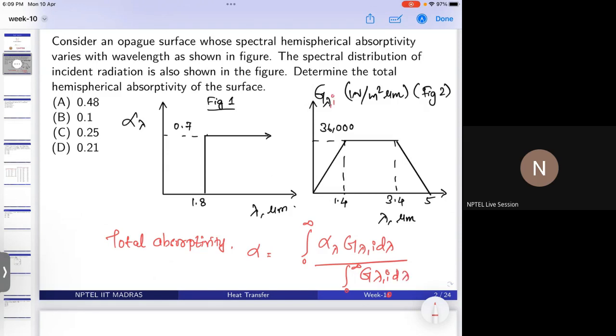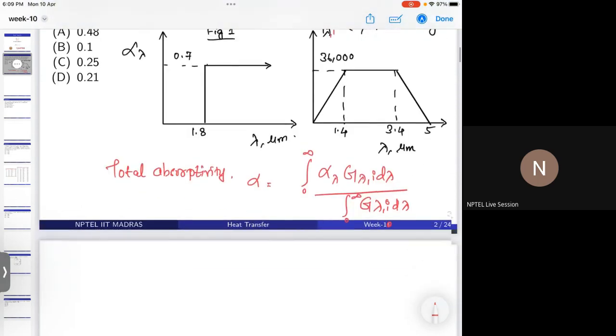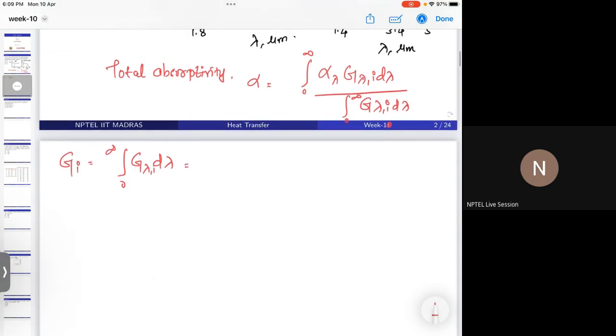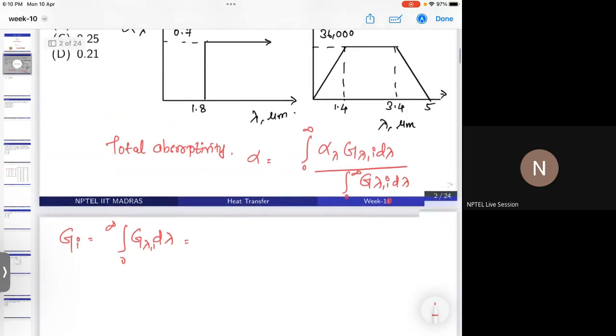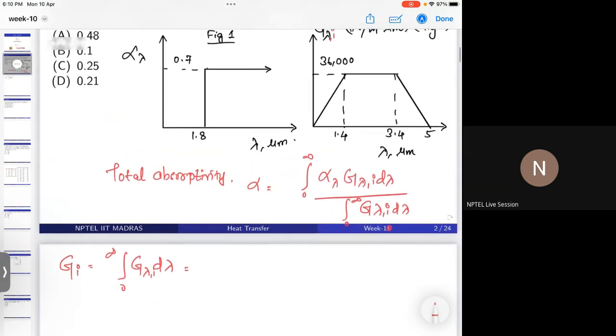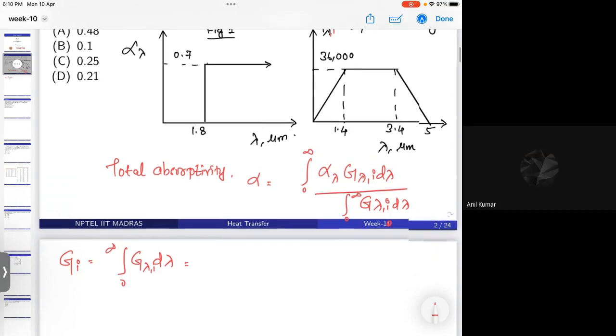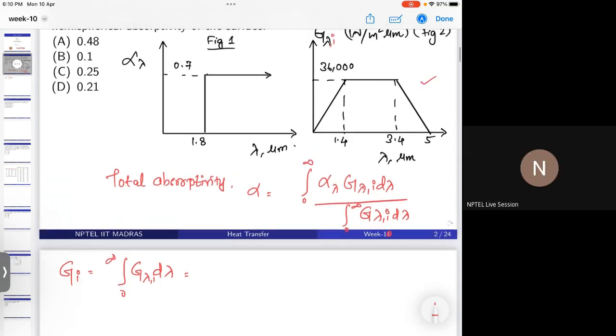So this is the expression for total absorptivity. What is this integral 0 to infinity G lambda d lambda, which is the incident radiation, right? Total incident radiation. So how can we calculate this? By calculating the area under the second curve. Yes, we can do it by considering the area under this curve.